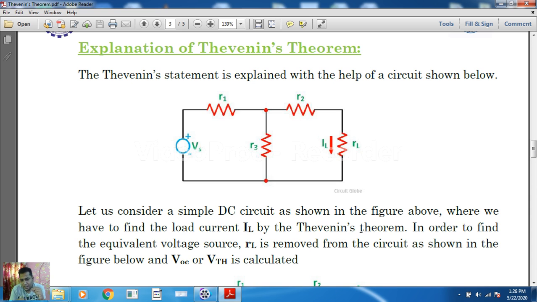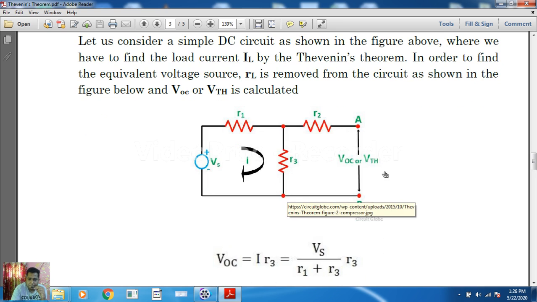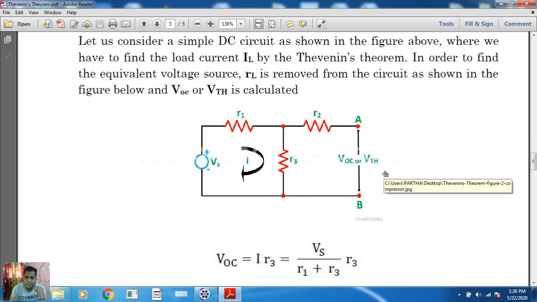Now, what are the steps to follow? Coming to the next diagram, as per this theorem we have to remove the resistor from the circuit through which we have to find the current or voltage. That means we have to remove the load resistance from the circuit, make that terminal open, and find out the voltage value at that open terminal.